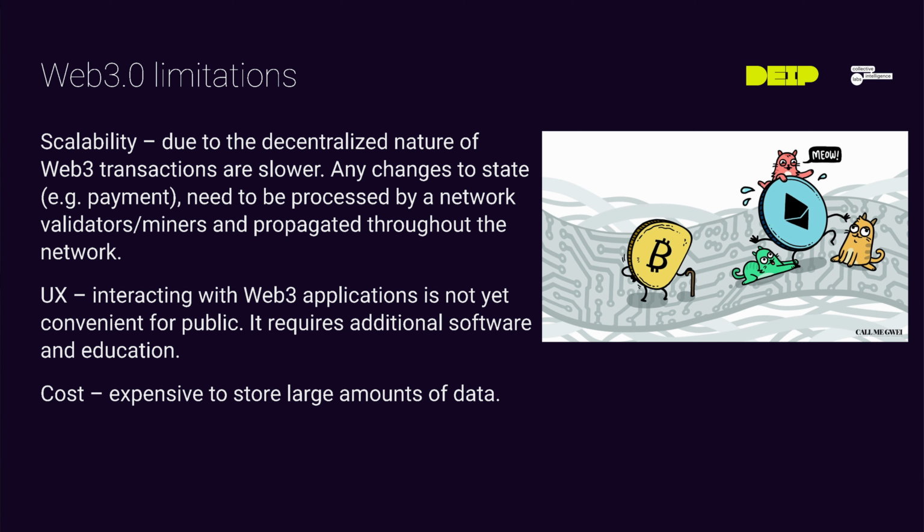Yeah, and to demonstrate, just a quick demonstration, the picture here is addressing the scalability problem. Maybe someone heard about CryptoKitties, which was at some point of time one of the most used decentralized applications in the Web3 space.